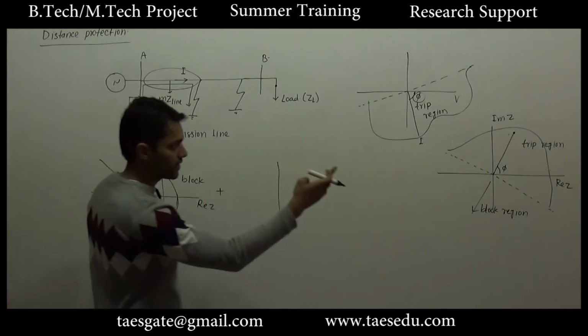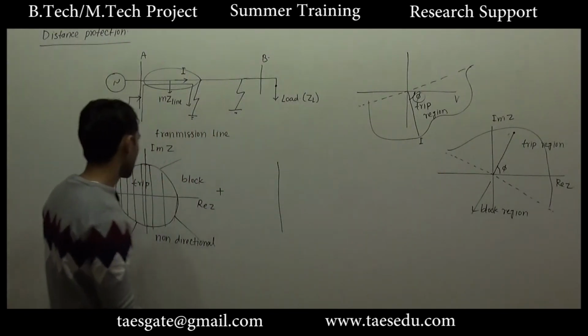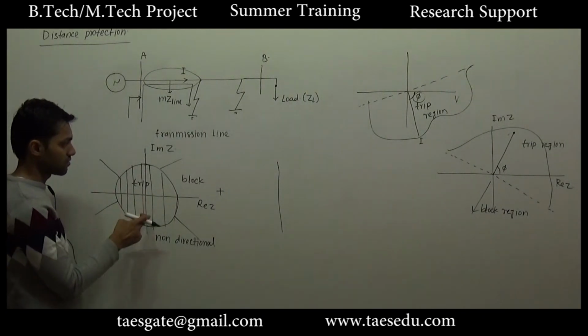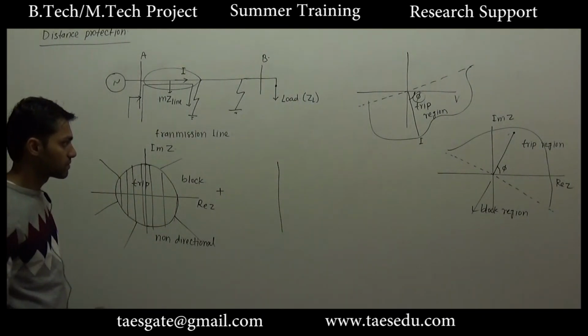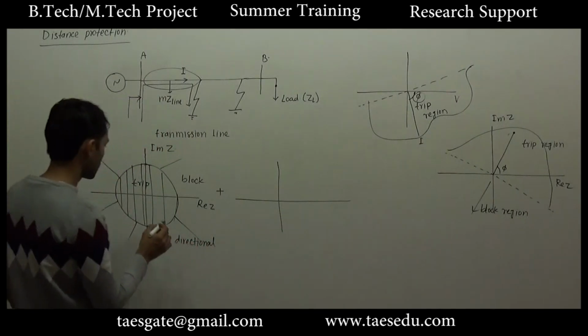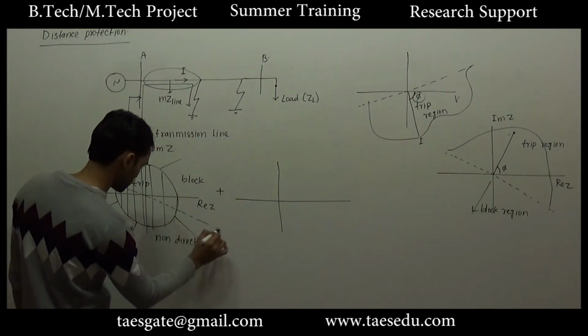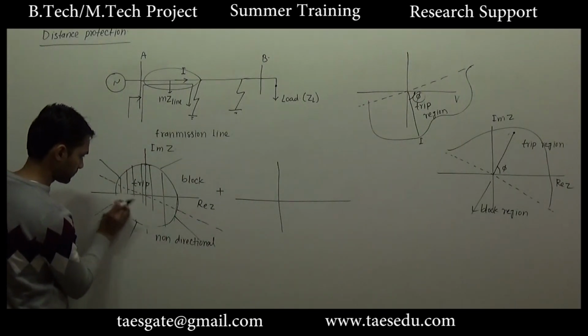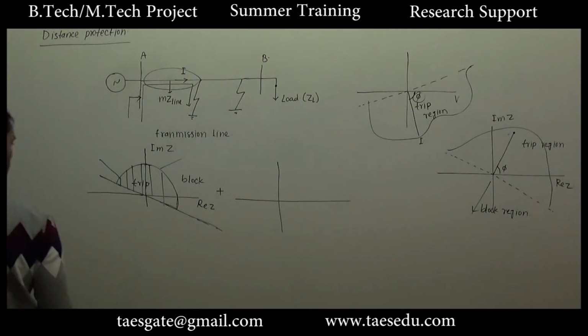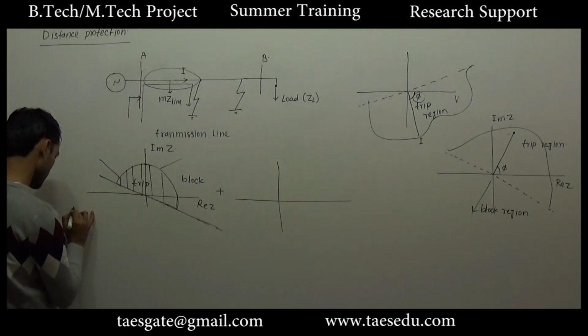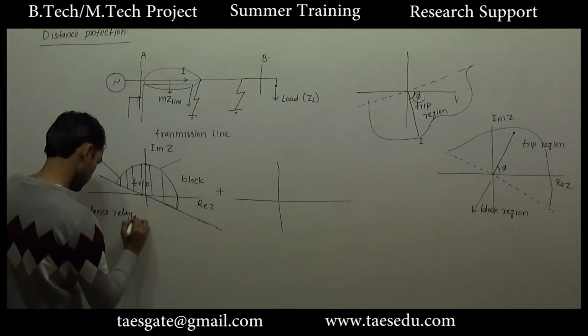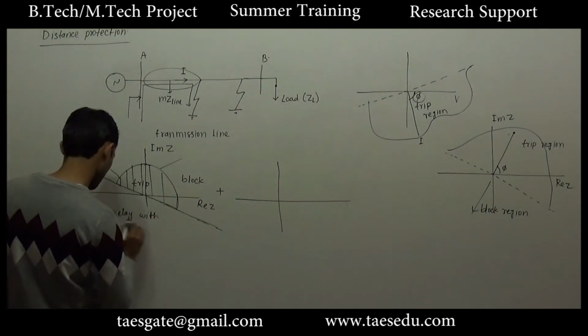So if we add a directional constraint to the impedance relay, just draw a line here and remove this part. This is the characteristic of the impedance relay with directional constraint.